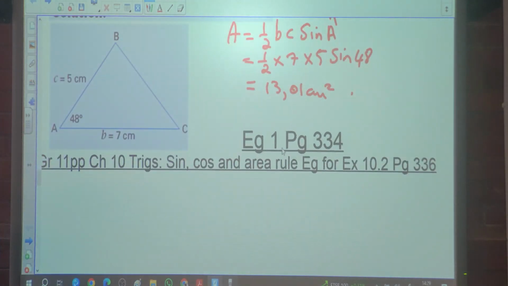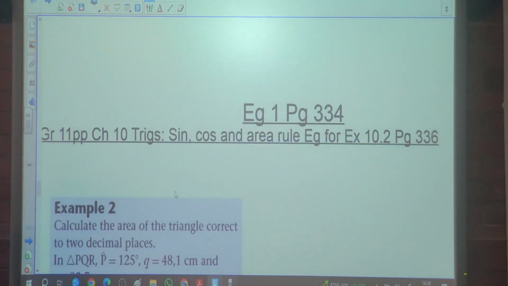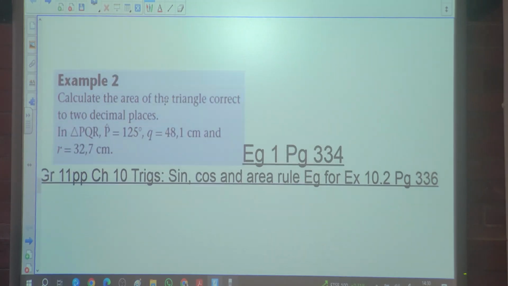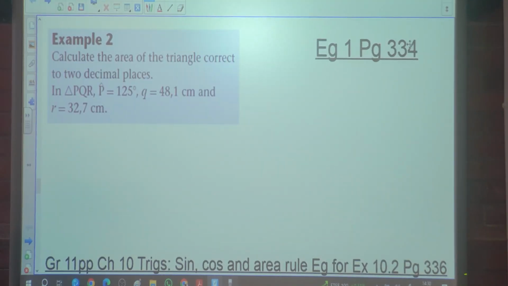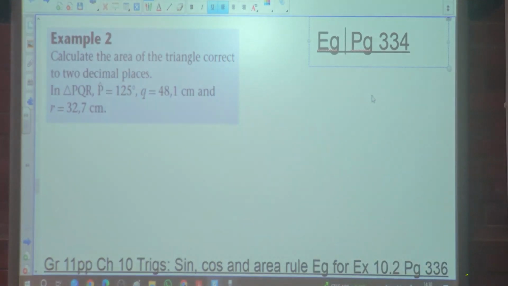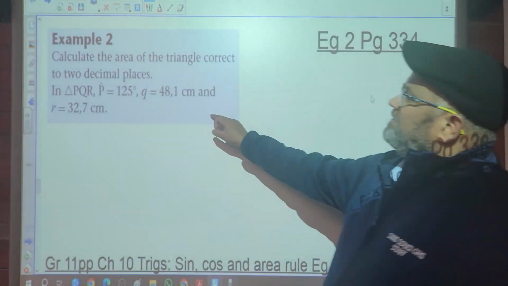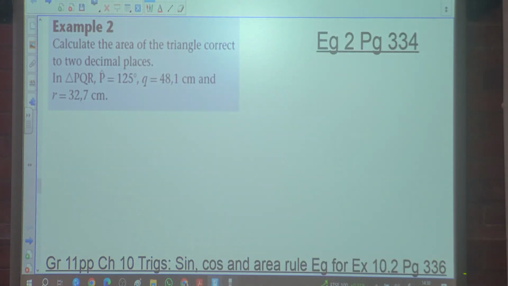Let's go to example 2. Example 2 is on page 334. Calculate the area of the triangle correct to two decimal places.